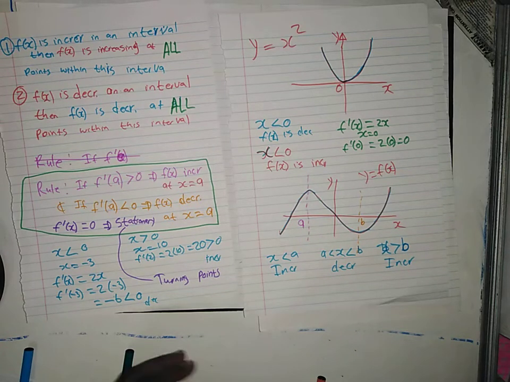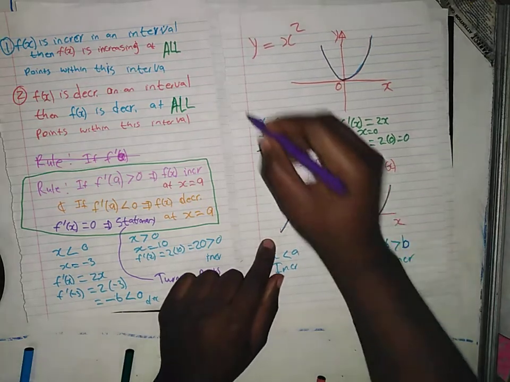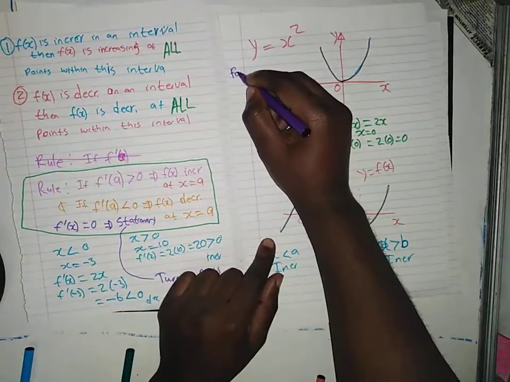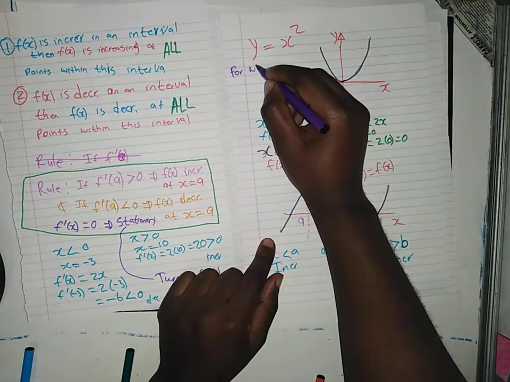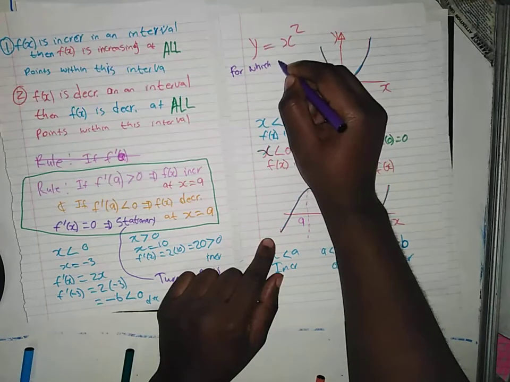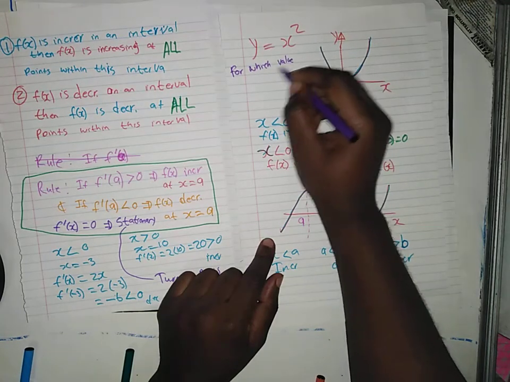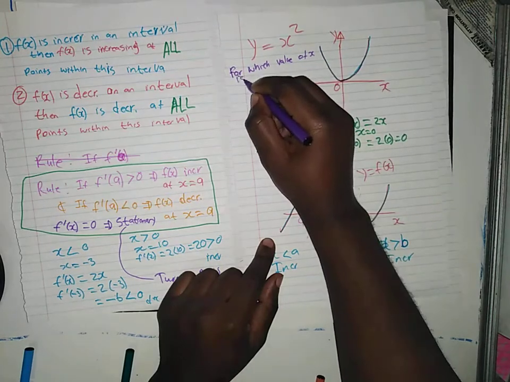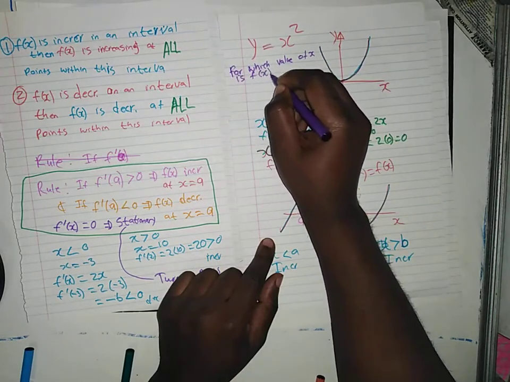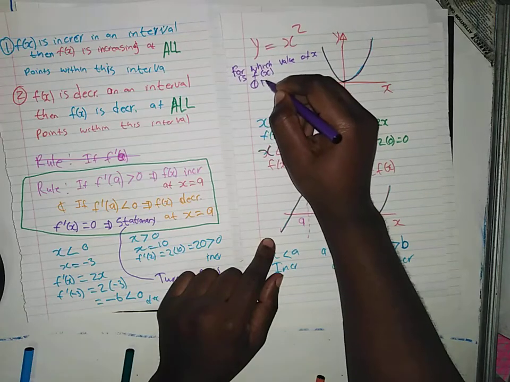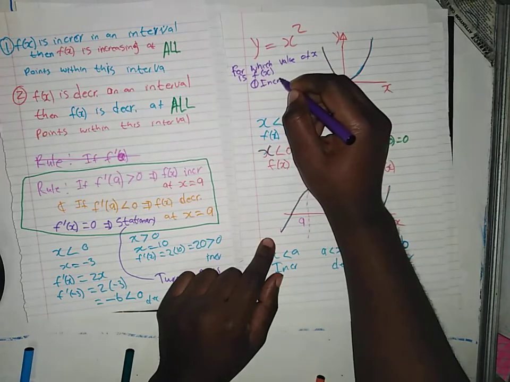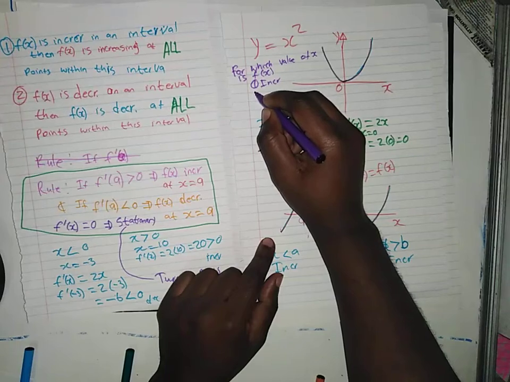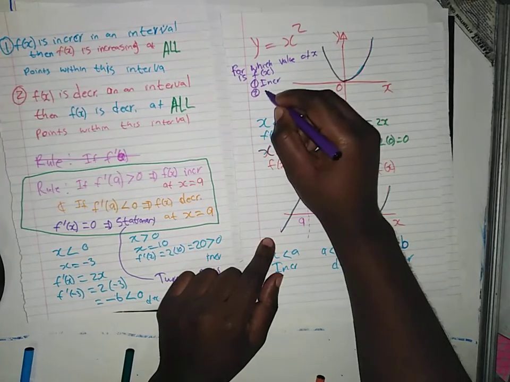Let's say they're asking the same question. For which value of x is f at x, number 1, increasing. They don't have to ask everything, but sometimes they ask everything. You just have to look at what they ask.